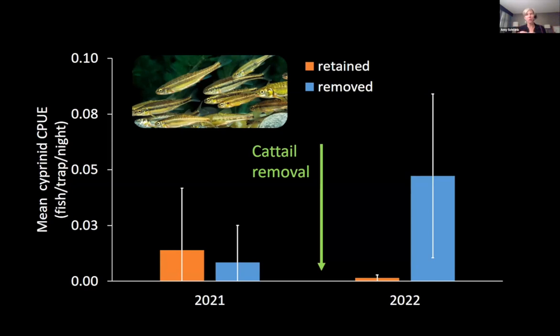Minnows are a schooling species, so to avoid predation, they school together, whereas a small sunfish will hide in the vegetation. That makes them kind of unavailable to a predator. But minnows tend to be more available because they swim around the edges of the vegetation. So I think that's really important. If we're losing minnow species, or if minnows are moving away from areas where cattail have invaded, that can have ramifications up the food chain for our game fishes.